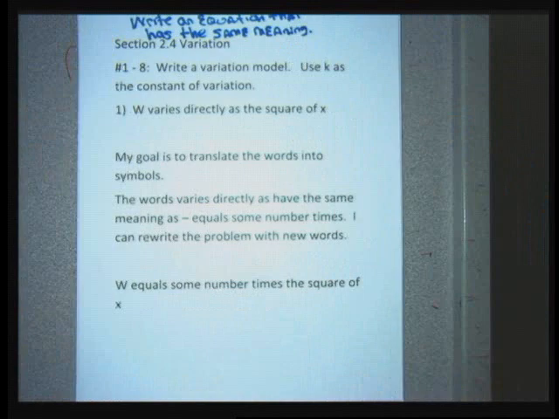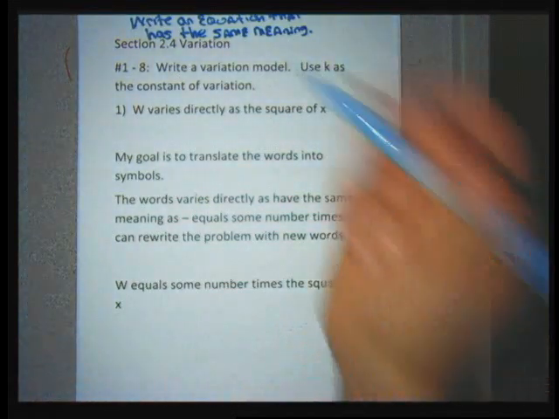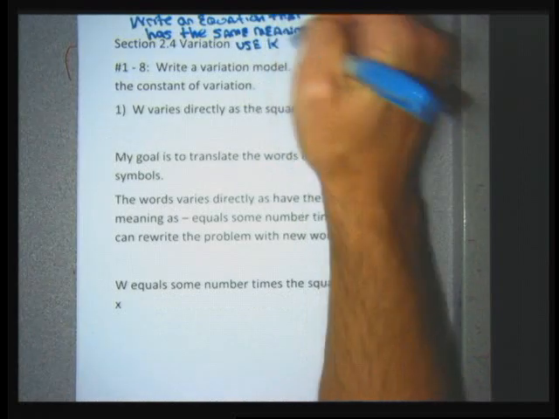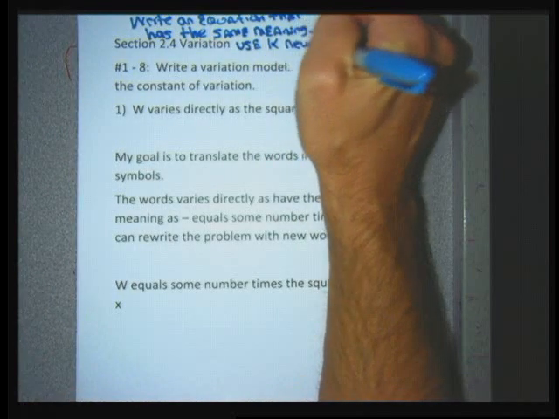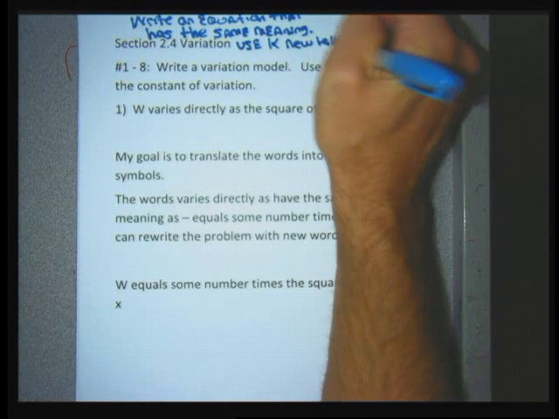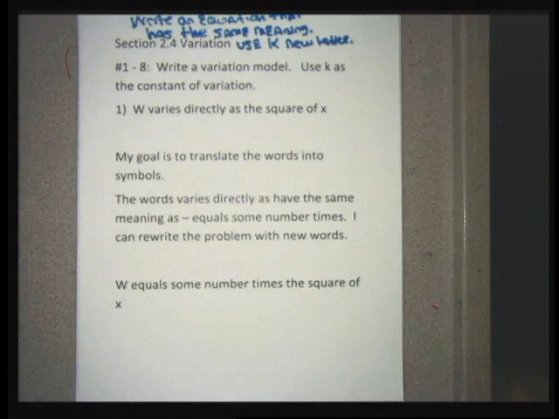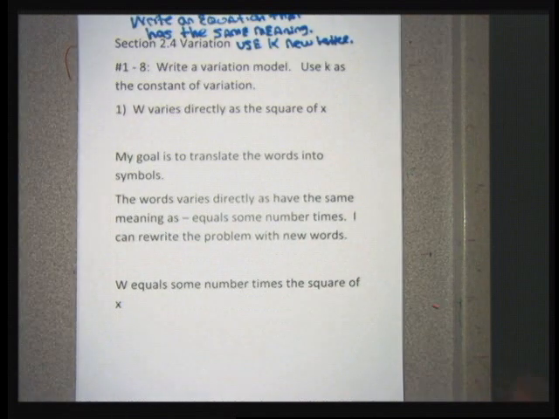And then I'll say, and use k for the new letter, because I'm going to have to introduce a letter into these problems. I use x sometimes, so I can't use x as my new letter.